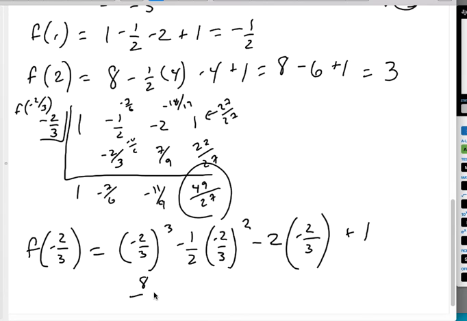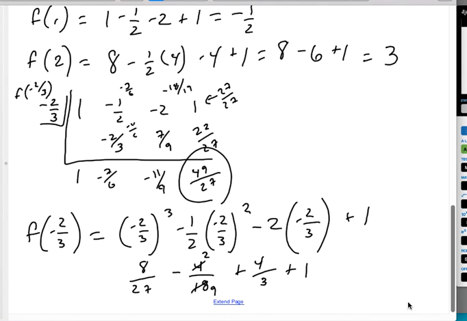So this is going to be 8/27, right? This is going to end up being a minus 4/18, which I'm probably going to cancel and make a 2/9 to make life easier. This will end up being plus 4/3 plus a 1.